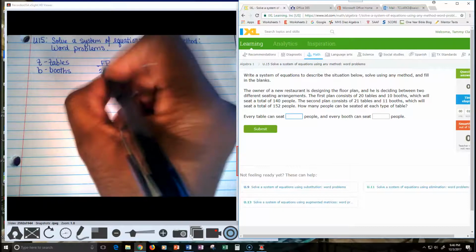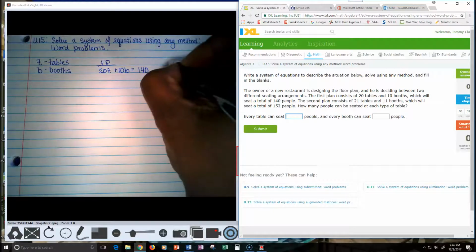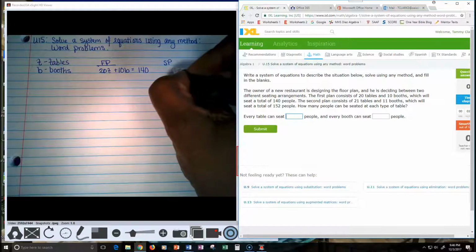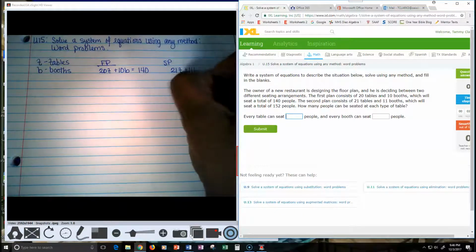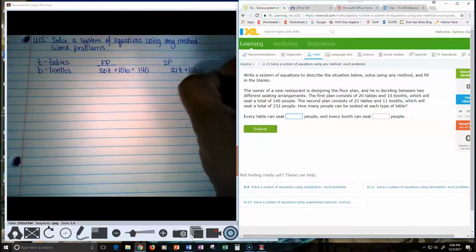And for the second plan, we've got 21 tables and 11 booths, and that will hold a total of 152 people.